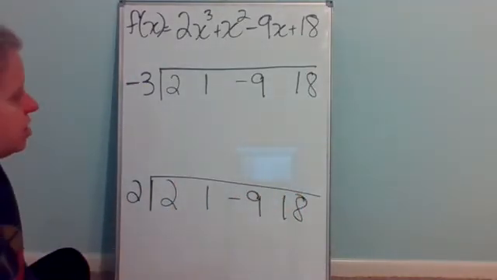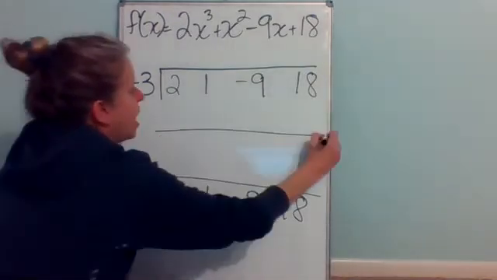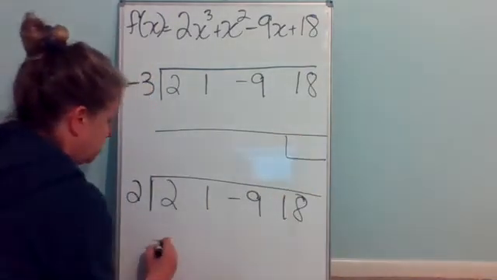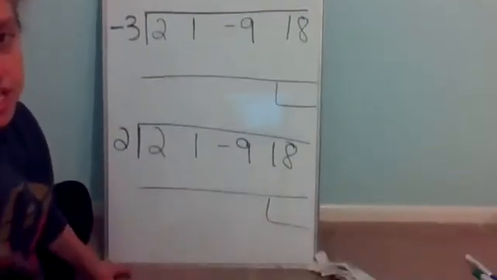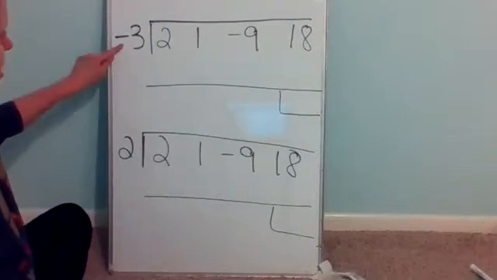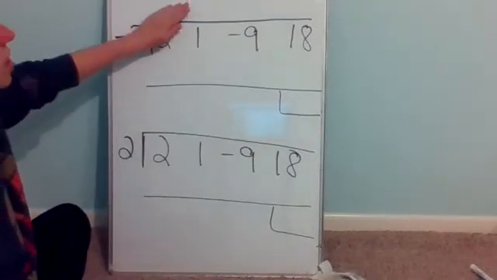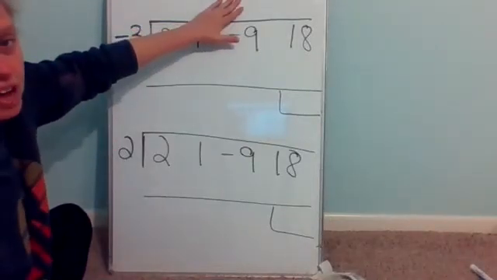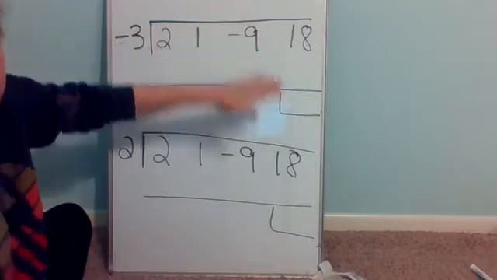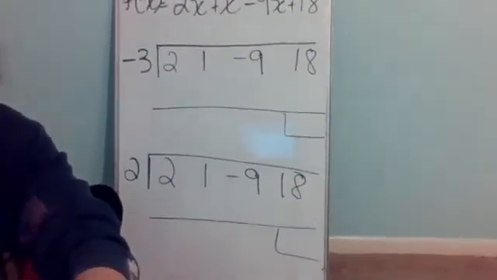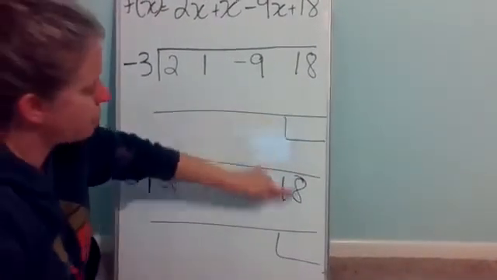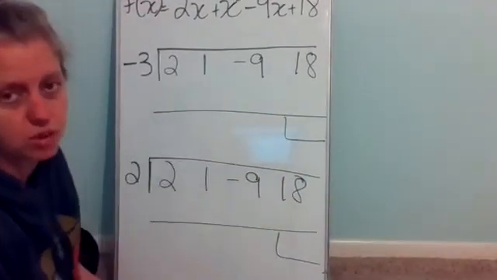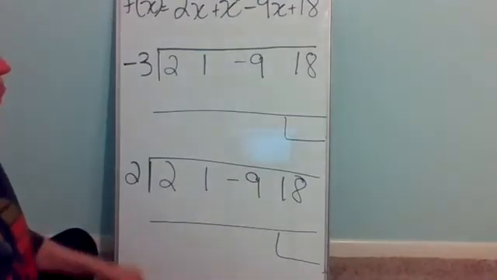So when I do synthetic division on both of these, right, this number right here that I get at the end, my remainder, what's left, is going to tell me whether or not these are zeros or x-intercepts of this function, right? So the only way the answer is going to be yes is if the remainders are zeros. So let's see what we get.